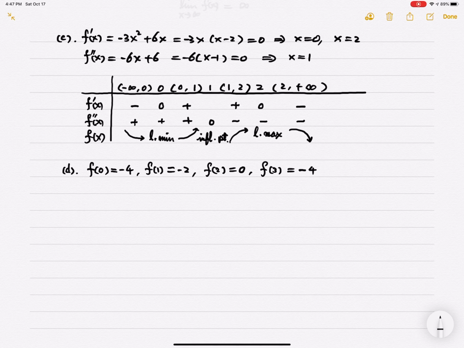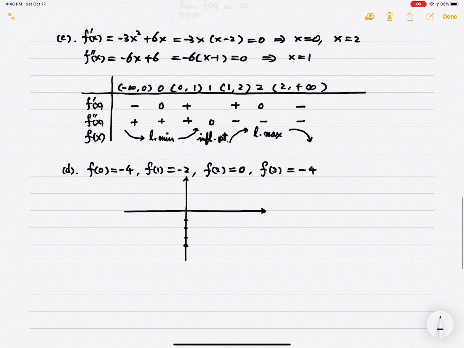So draw the graph, and here, how about we just draw like this. Okay, how about we say this is negative 1, negative 2, negative 3, negative 4. Well, we have this point on the curve.